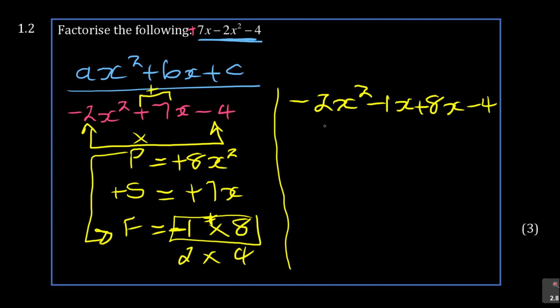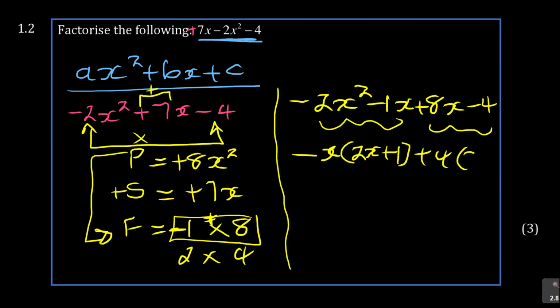You take your first two terms and your last two terms. In the first two, a negative x is common, and if you take out a negative x, you will have 2x plus 1. Then in the second, 4 is common, and you have 2x minus 1 there.